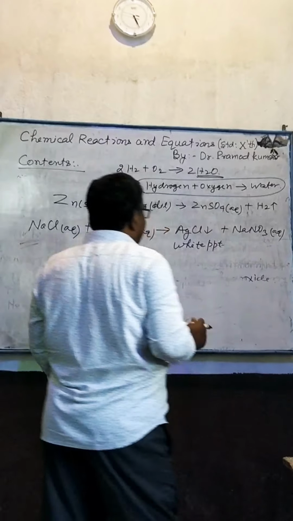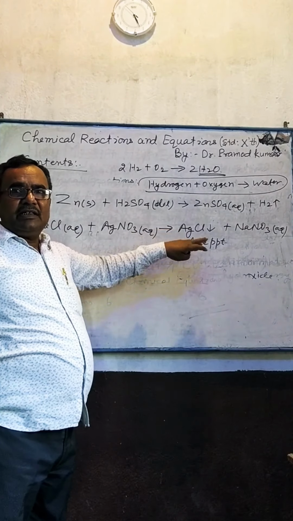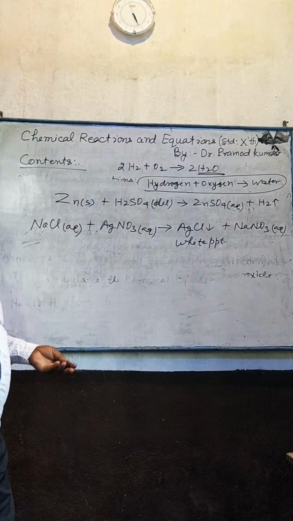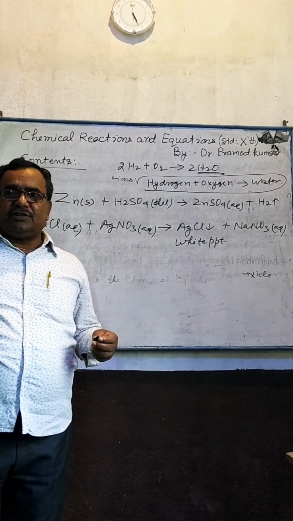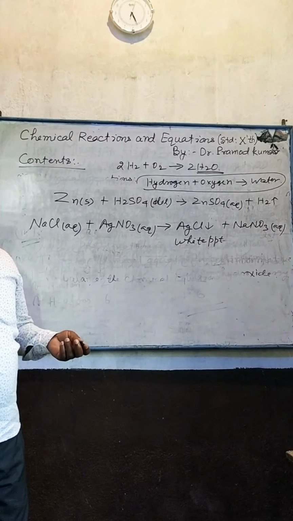In this chemical reaction, an insoluble compound, that is AgCl, is formed, which is known as a precipitate. So we consider there are various observations which are helpful in the determination of chemical reactions.